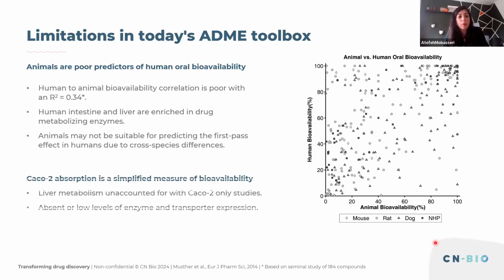If we look at in vitro models, usually for bioavailability, the Caco-2 model is the main in vitro model used for investigating bioavailability. However, with only Caco-2, we cannot see the liver metabolism. Also, Caco-2 lacks the level of enzymes and transporters available in the human intestine.